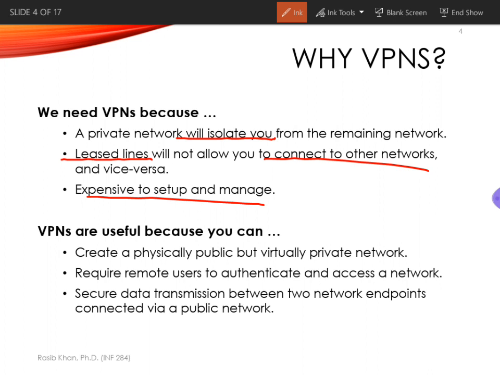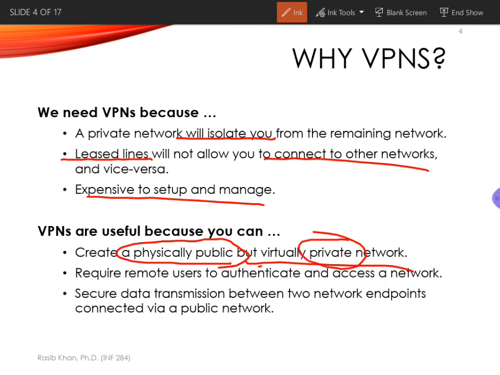So, given that we adopt VPNs for our use, we can create a virtually private network which is physically public. That means that in terms of the physical infrastructure, it is using the physical wires and routers and service providers. All of these are public components, but using that we are creating something for us which is essentially private.